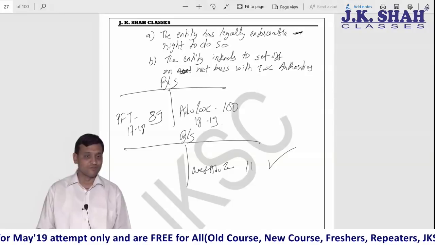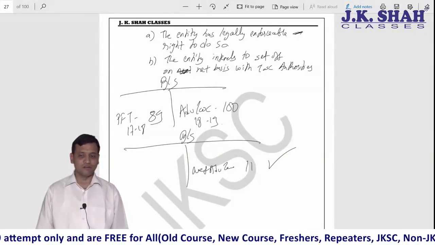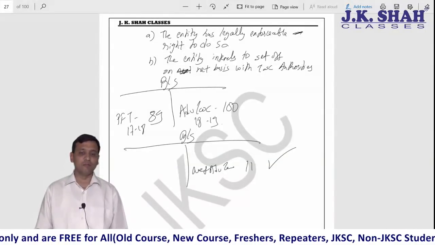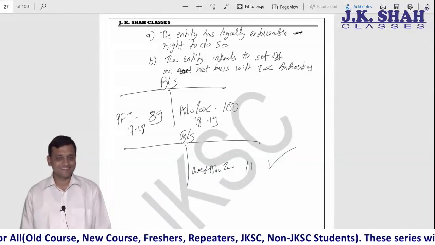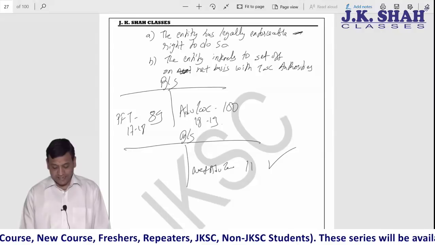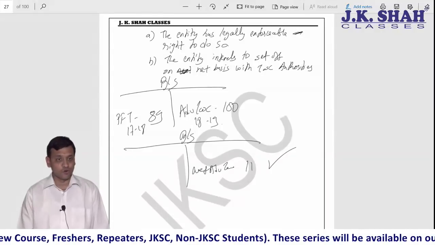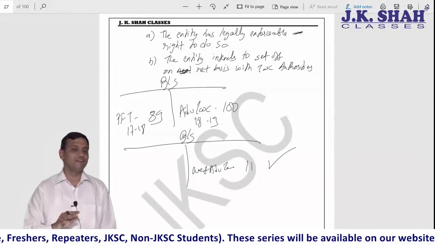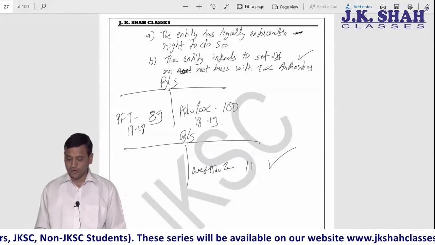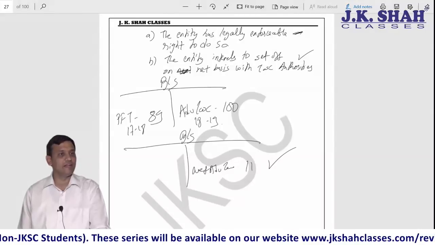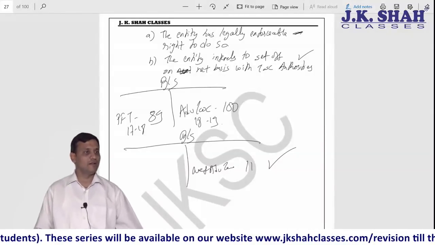Government can do. They have that power. I can't tell the government, last year I have paid extra tax, you have adjusted in this year's tax. So can I say the entity has a legally enforceable right to do so? Current year it can knock off with current year. And the entity intends to set off on net basis. The entity wants to set off on net basis.